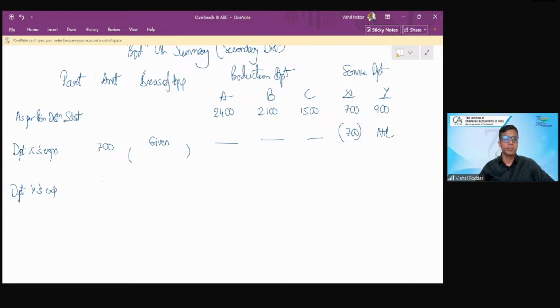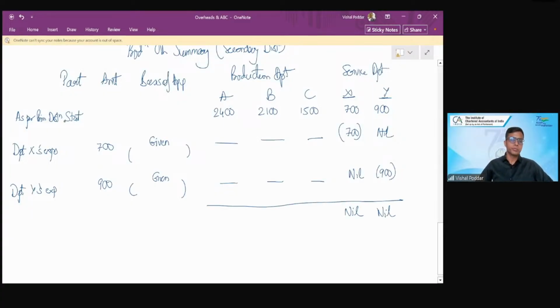And then in the second step, I would distribute department Y. Again given, again putting ratio, again it would have come in these three. Nothing would have come here, and I would have distributed the entire 900. So in this step, it would have become 0. This is had this been for direct method, right?